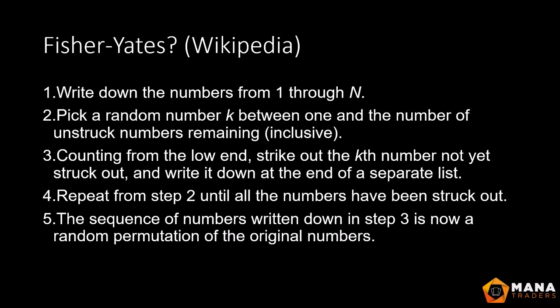In the first iteration, you just pick a number from 1 to big N. But after that, you strike out one of the numbers, and so for the next iteration, you can now only pick from 1 to big N minus 1.